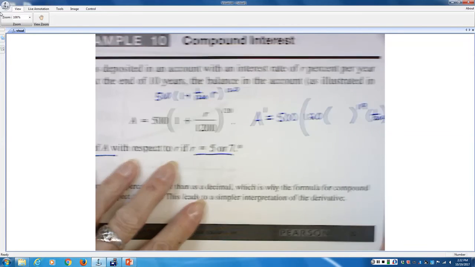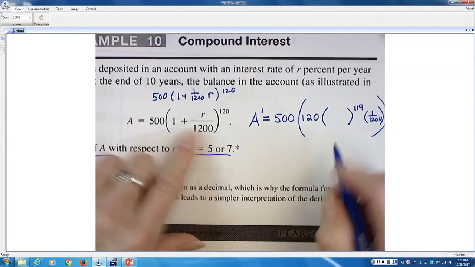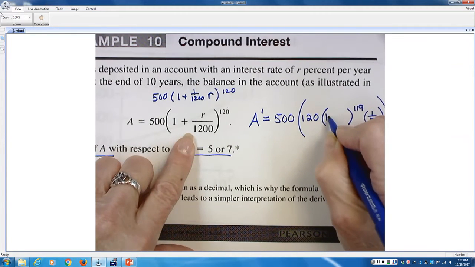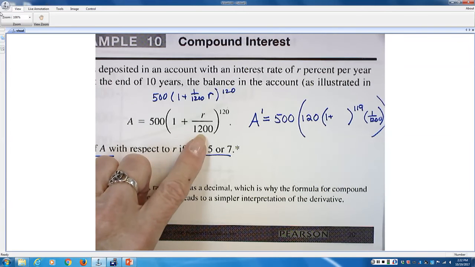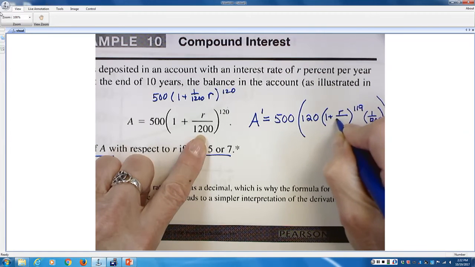So it made it all look ever so much worse than what it actually is going to be. So what we have in here is still 1 plus, and now I'm going to put the R back over 1200 because we may as well. It's easier to write.